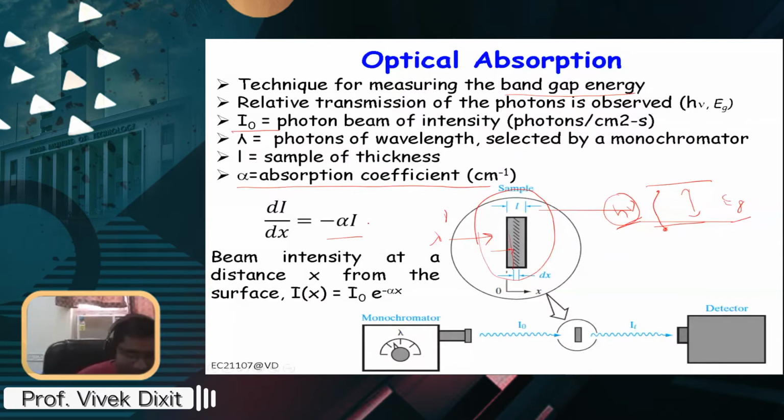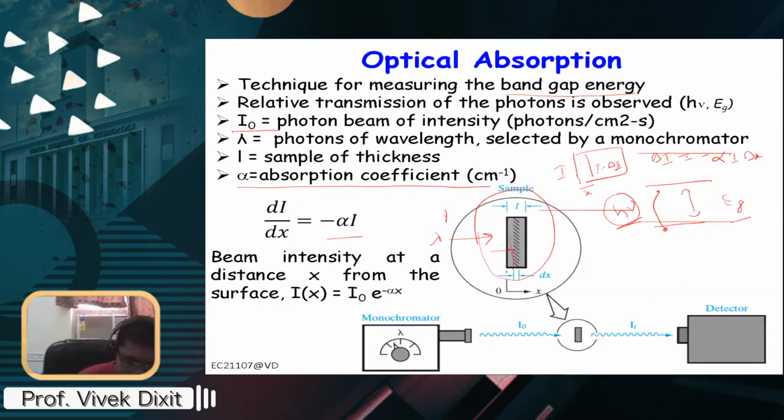So it is decreasing. Let's say you have this piece of semiconductor. You move a distance, let's say this is I, and at distance x, it will be I minus delta I, right? So delta I is basically minus alpha times I times delta x, right?